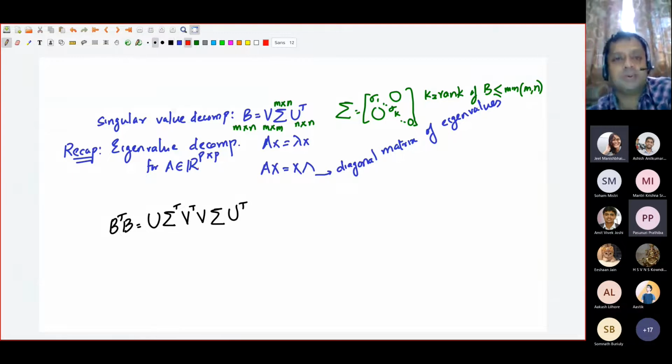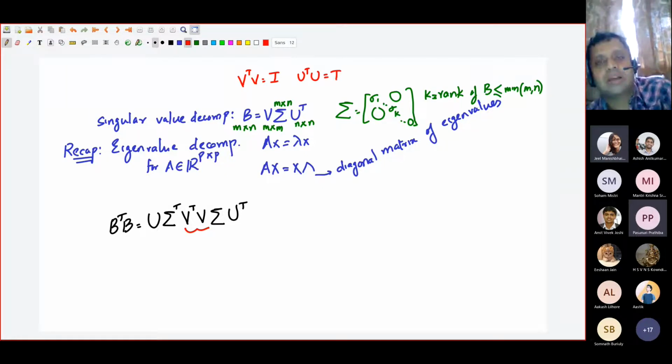This U U transpose and V V transpose are such that they yield identity matrices. So as a result, this B transpose B is nothing but U sigma square, or sigma transpose sigma if you want to keep it that way, times U transpose.